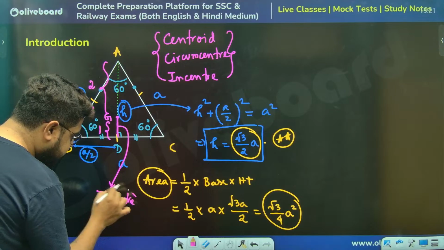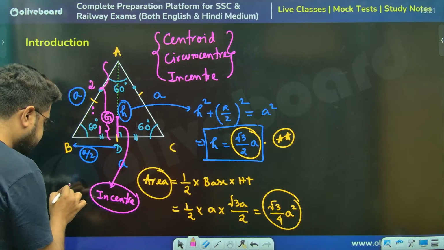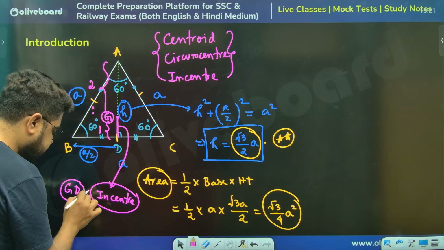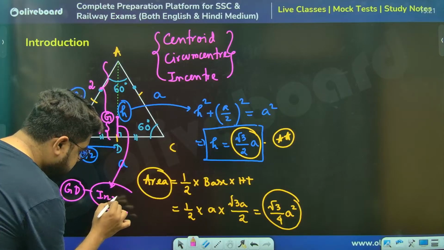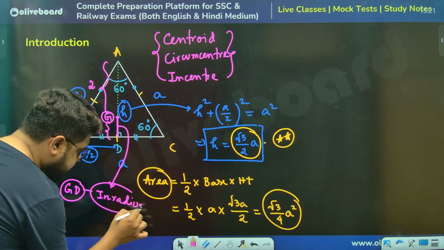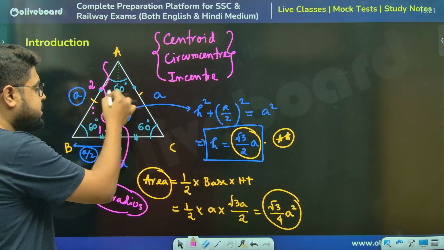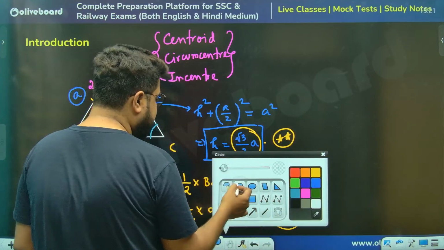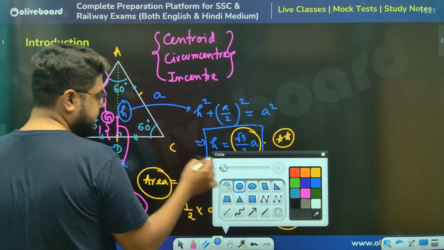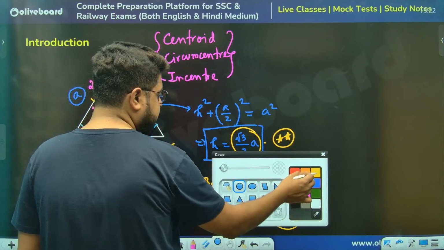Sir, you see, if I write this G, GD, I should not write G incenter, I should write inradius, right? It is the inradius, sir, meaning the radius of the incircle, meaning if I take the circle, this will be the center. I can try, but again, drawing the incircle is very difficult, that too over here.